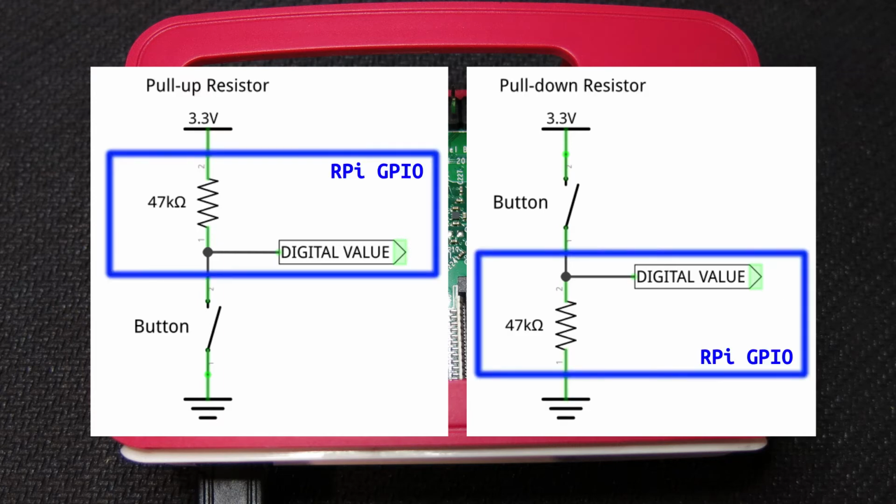Most Raspberry Pi GPIO ports have built-in pull-up and pull-down resistors, and it's just a matter of choosing which one you want. All you need to remember is what the default state is when a specific resistor is used, and the fact that the input state changes to the opposite when the button is pressed.